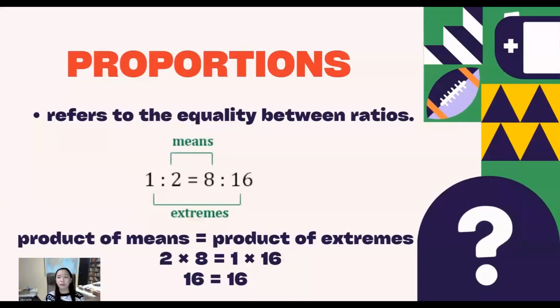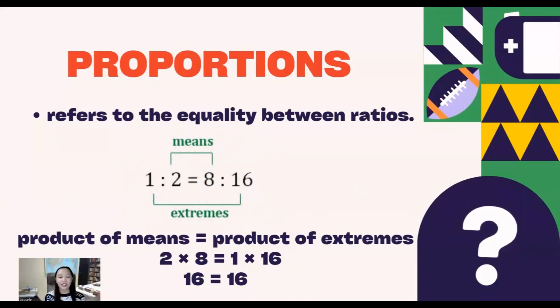So when we are talking about proportion, it refers to the equality between ratios. So this is just a recall. So like this one is to 2 equals to 8 is to 16. So the inner numbers are called means, while the outer are called extremes. Okay, you remember it. Of course, this is an easy topic for you, class, because I know it's just a review of your junior high school topic.